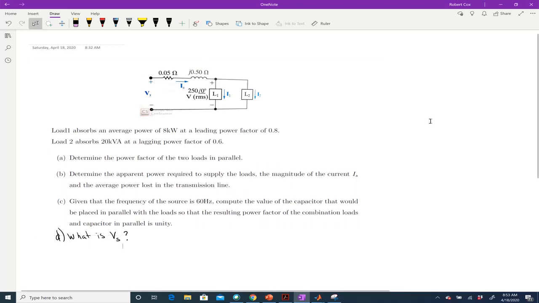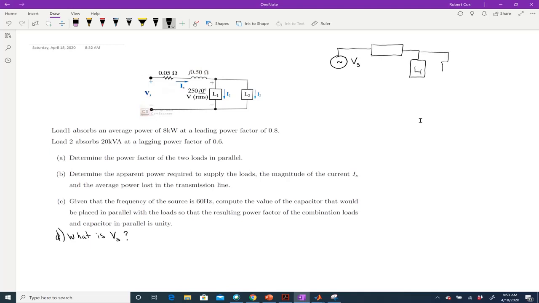All right, and so to do that, basically what I'm going to say is that I can add up powers around the circuit. So essentially what I have here is a voltage source Vs. I'll draw it explicitly as a voltage source, and then I have some impedance here, some impedance for load 1 here, and some impedance for load 2 here.